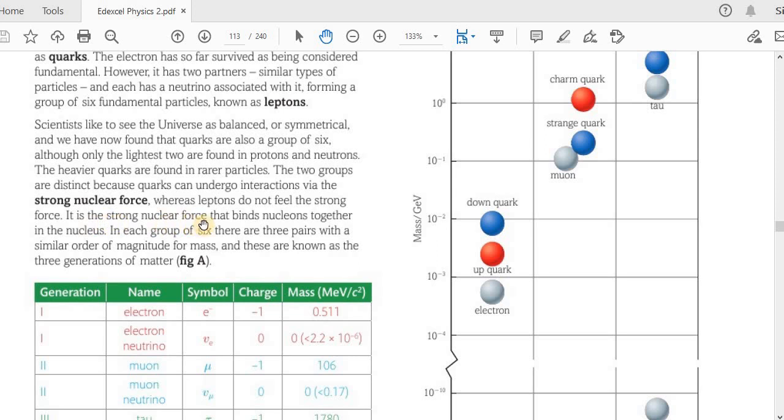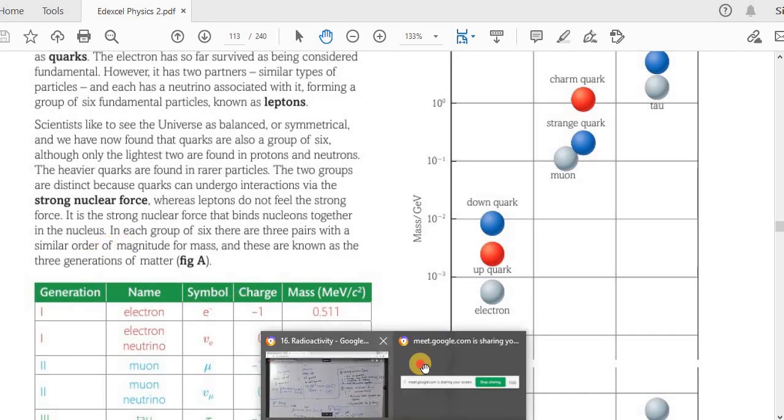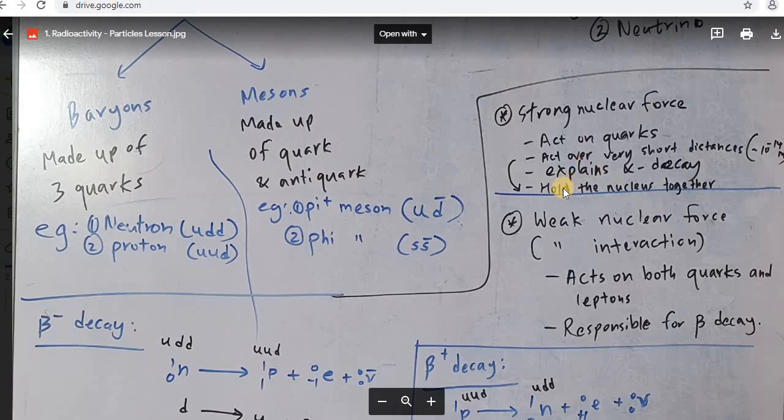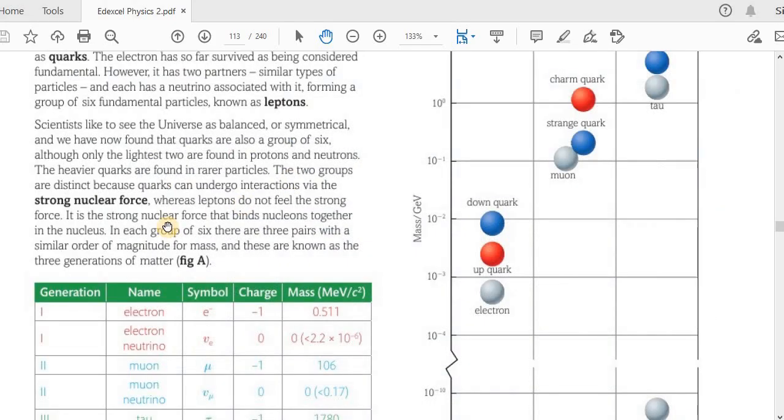It is the strong nuclear force that binds nucleons together in the nucleus. Now what are nucleons? Protons and neutrons, which are in the nucleus. Again, I have mentioned this in the notes: the strong nuclear force holds the nucleus together.